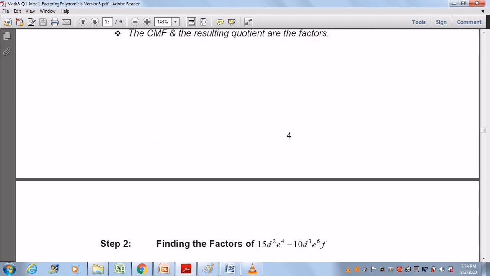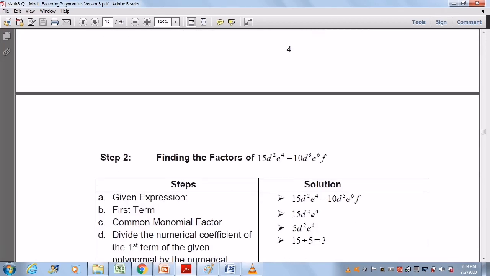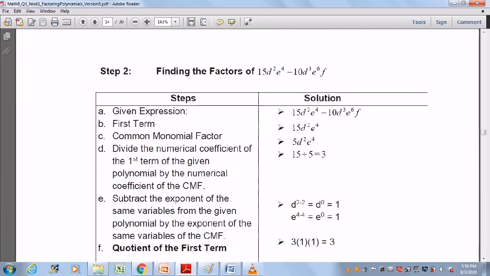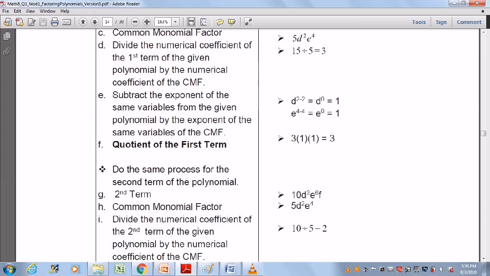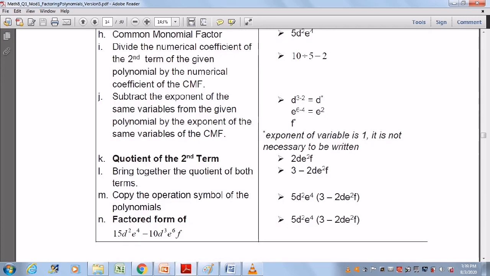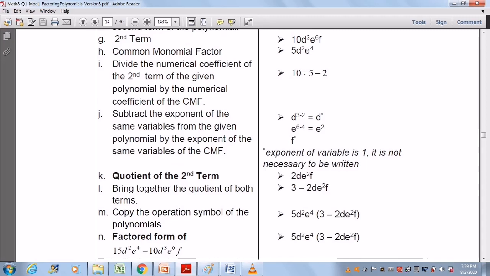Pero with this one, talagang they really exerted too much effort in writing the lessons wherein talagang naka-indicate yung steps and solution wherein talagang masusundan ng mga students kung paano ginawa or paano nag-come up doon sa answers or paano makuha yung mga factored form. Kung mapapansin nyo, steps A to N. Something like that.